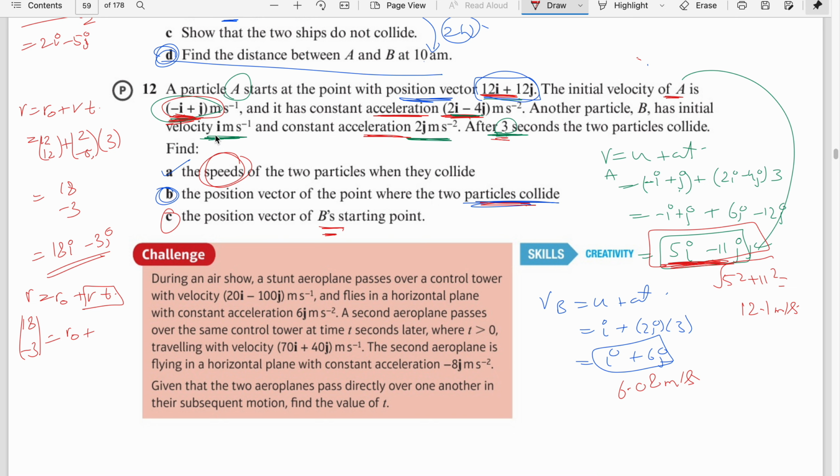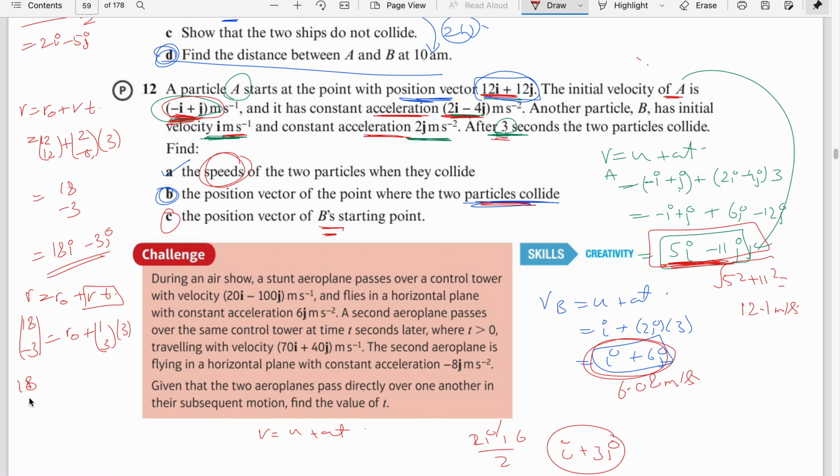So for the final velocity, v equals u plus at. We have the final velocity in the previous part. So i plus i is 2i, and 0j plus 6j, divided by 2. That will make it i plus 3j. The velocity is 1 and 3 and time is 3.